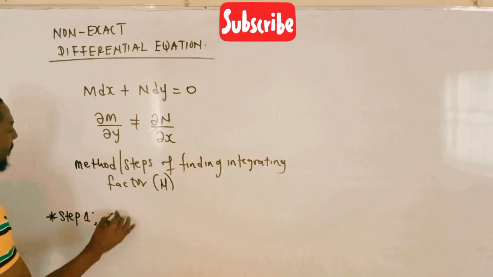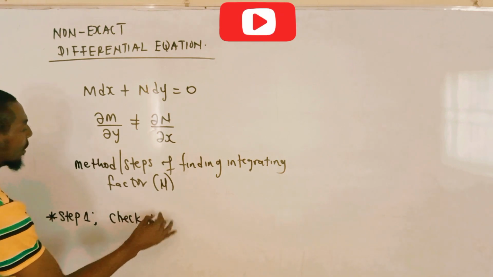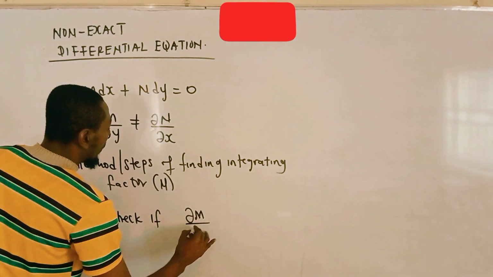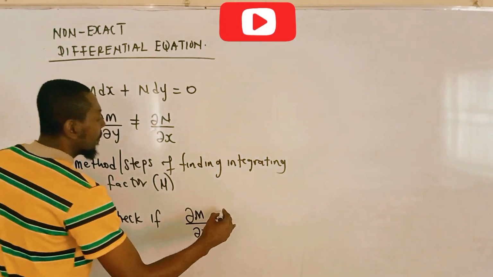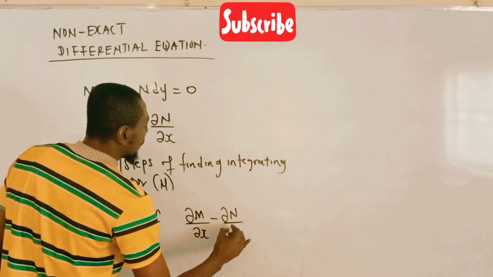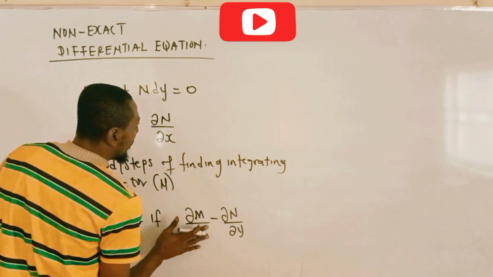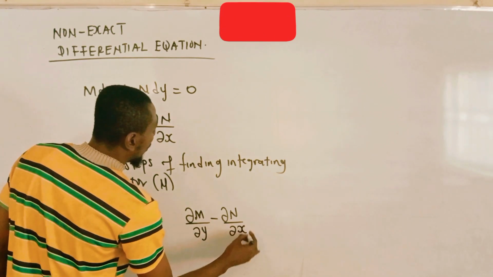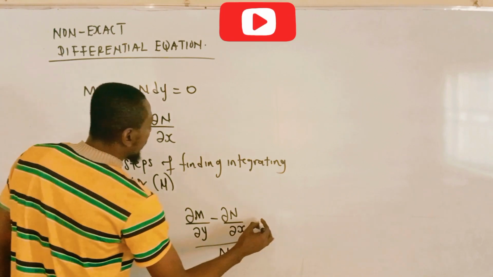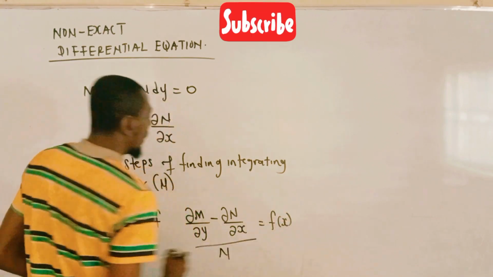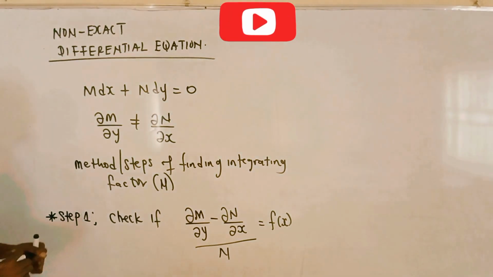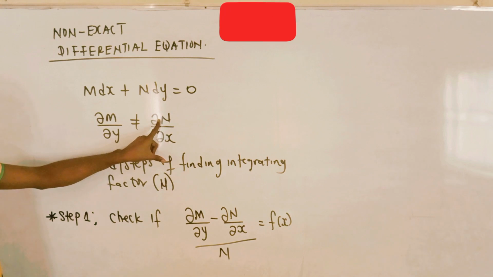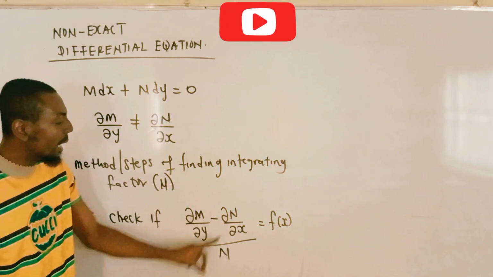We check if the partial differentiation of M with respect to y minus the partial differentiation of N with respect to x, all divided by N, equals f of x alone.